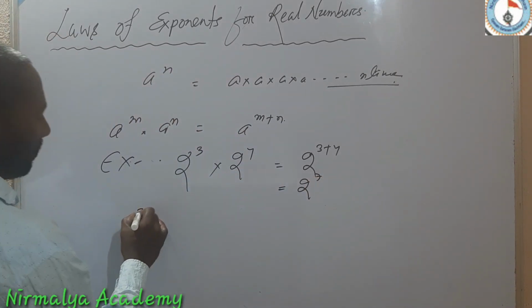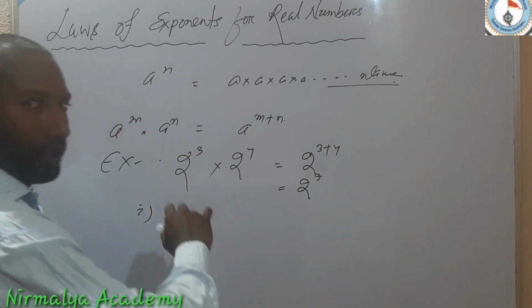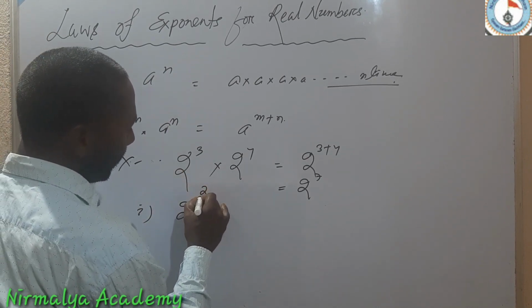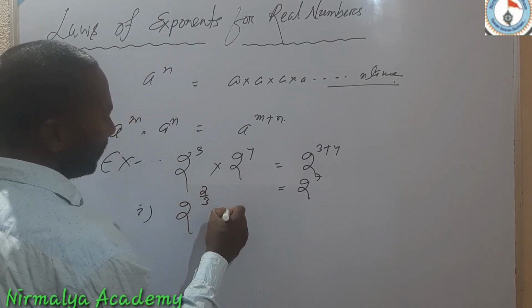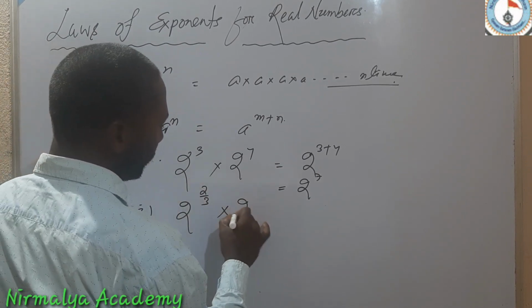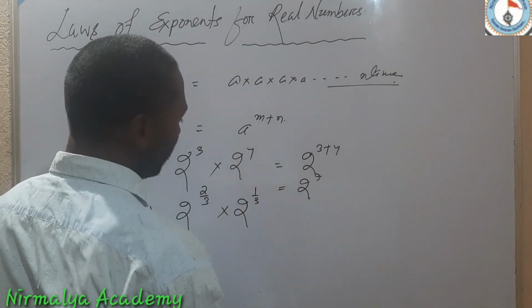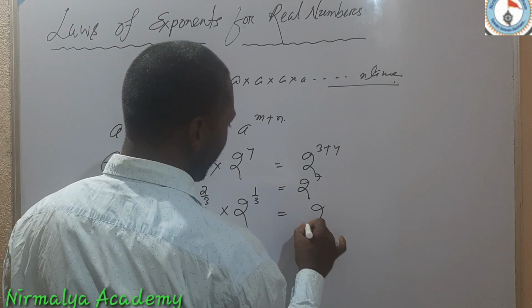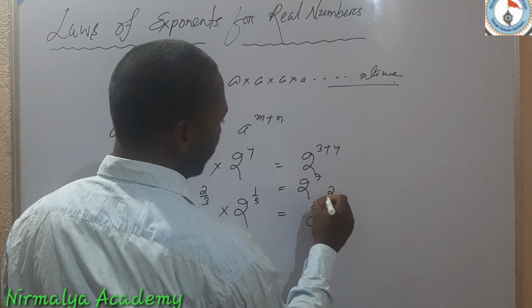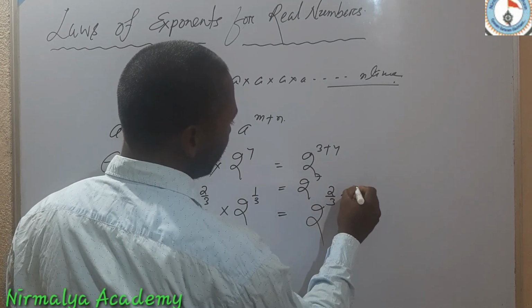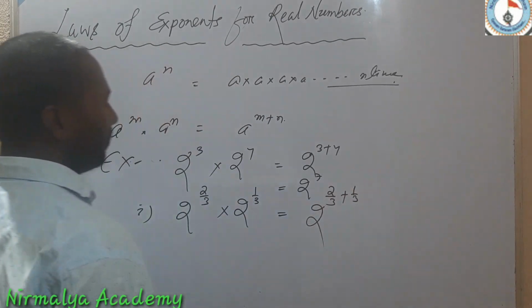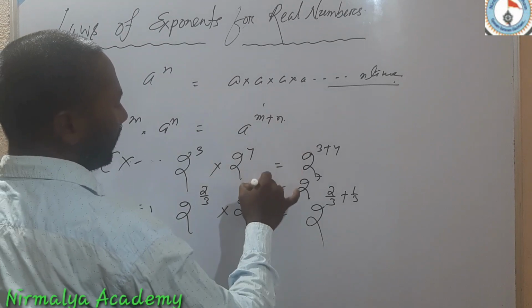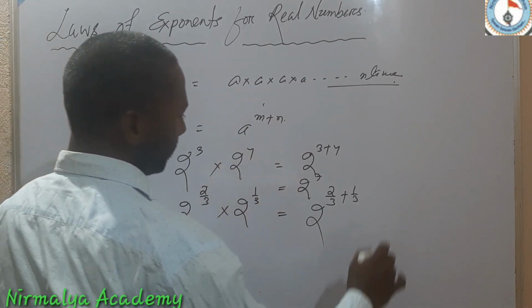Let's take another example. 2 to the power 2 by 3 into 2 to the power 1 by 3 equals 2 to the power 2 by 3 plus 1 by 3, because here m is 2 by 3 and n is 1 by 3.